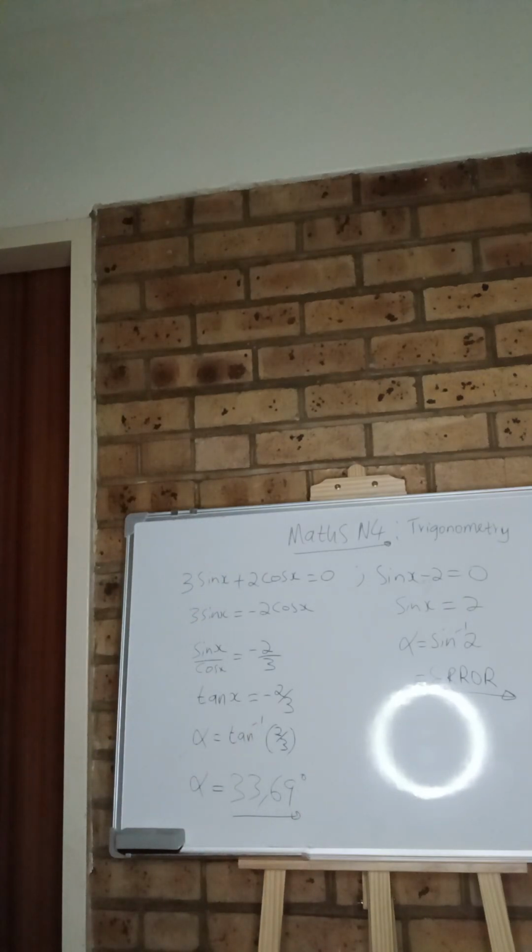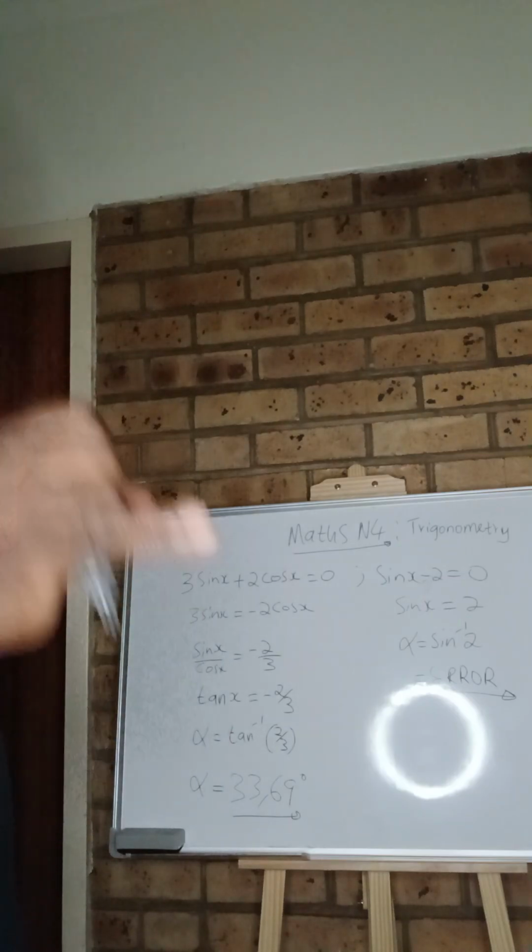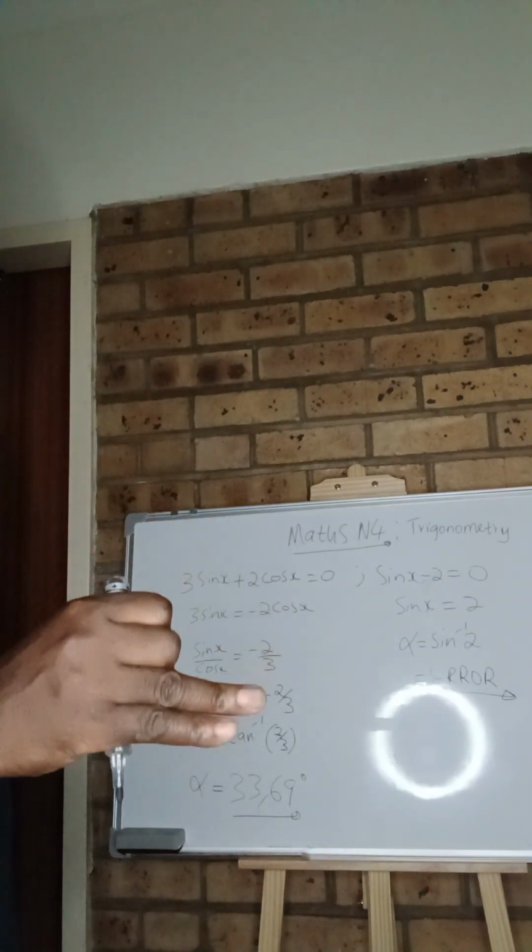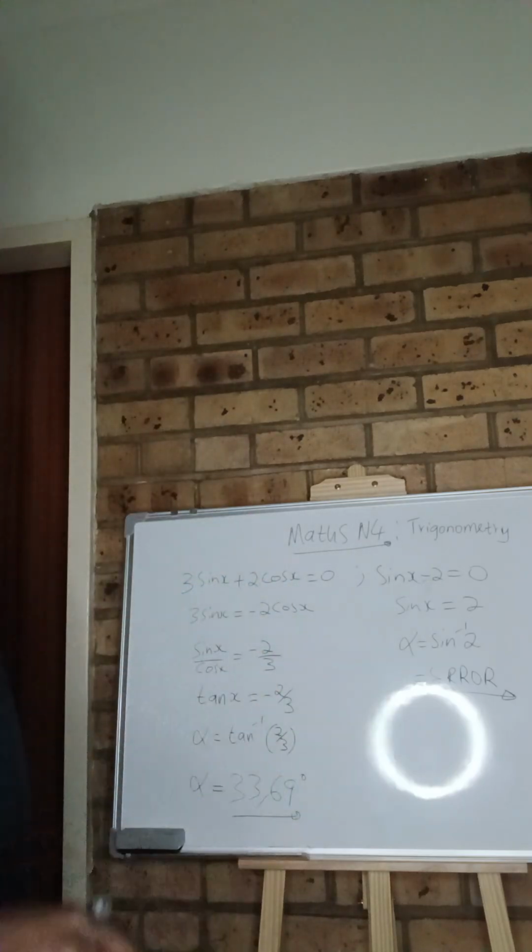So let us go. We have to know our quadrants, our first, second, third, and fourth quadrants. Otherwise, if you don't know our quadrants and the conditions thereof, we are doomed, especially if we are in the exam room.